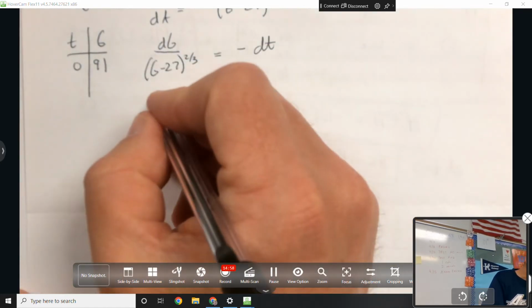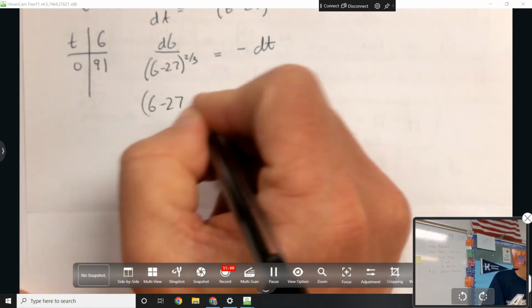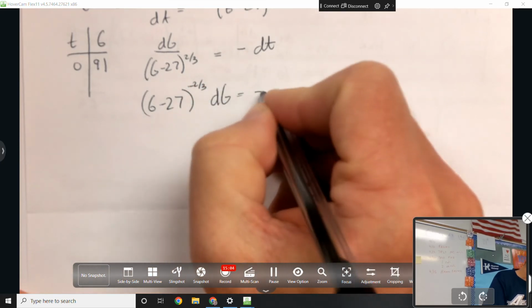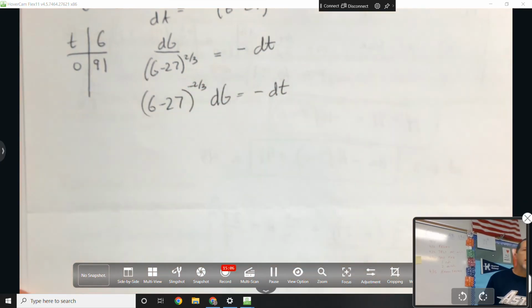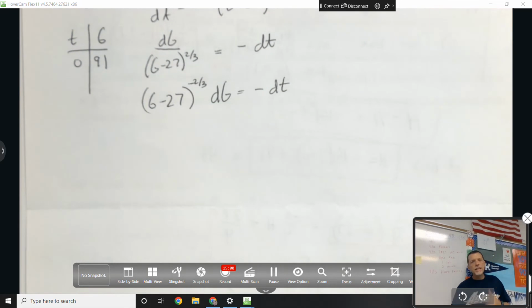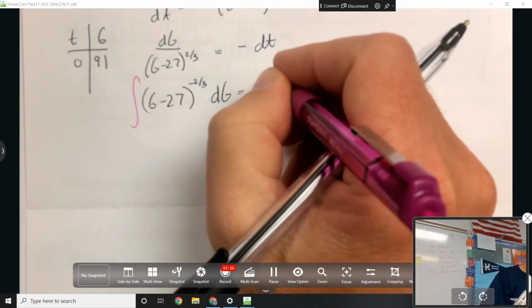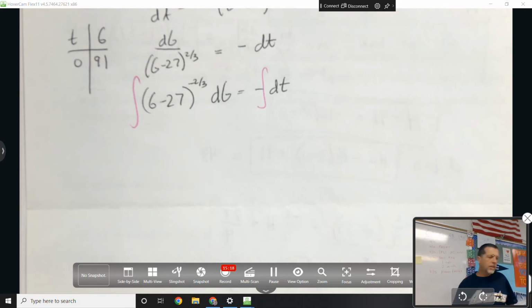And I think I'm going to rewrite this as G minus 27 to the negative 2/3. Negative sign could go on either side. Doesn't matter. We'll integrate to undo the derivative.